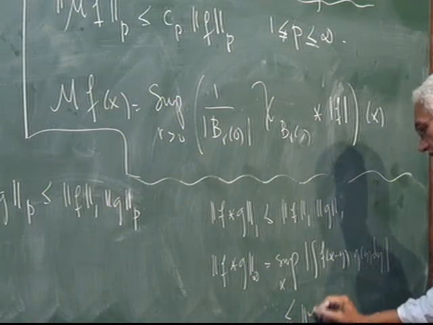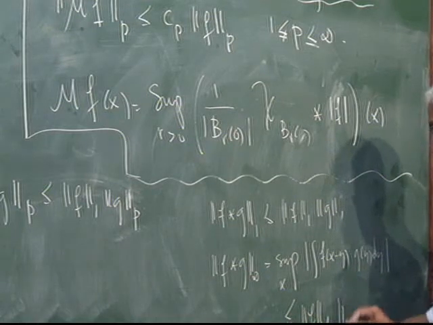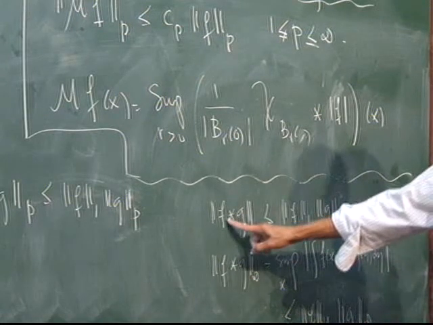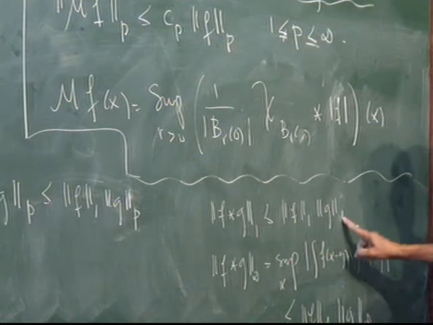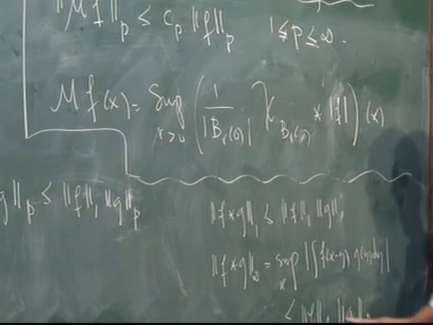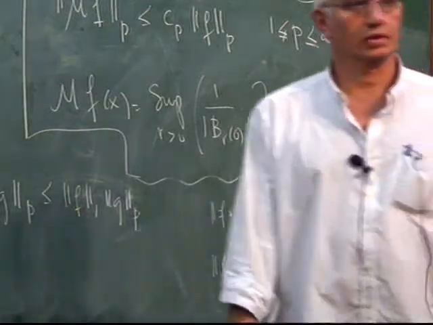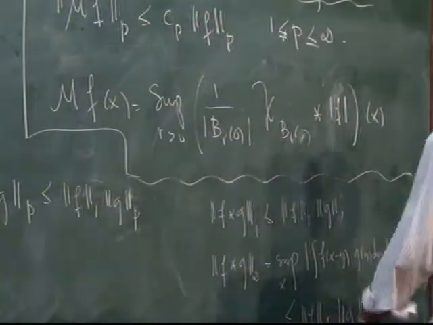Therefore, this is less than this. Therefore, if the convolution sends L1 into L1 and L infinity, then it has to send LP into LP by the previous theorem, right? And the bound that you have is exactly the same.